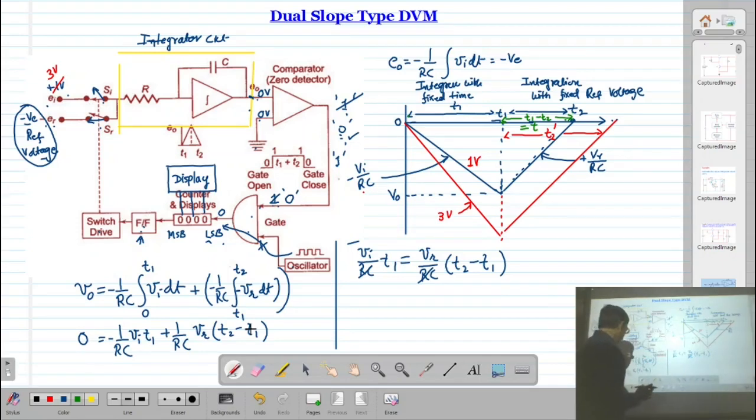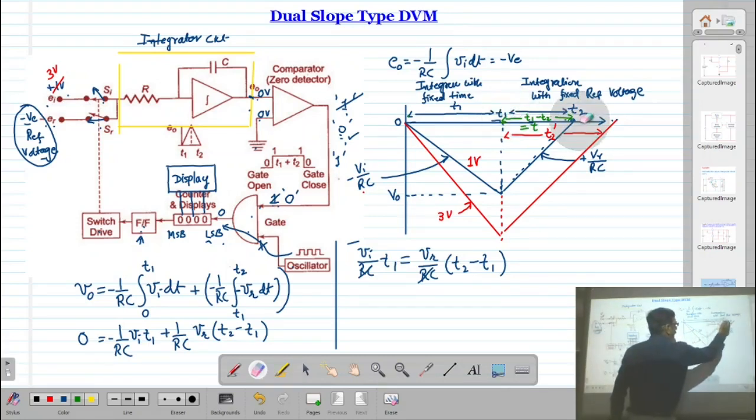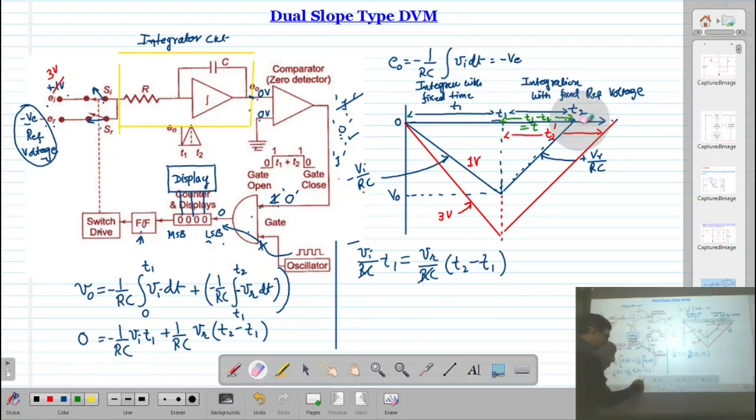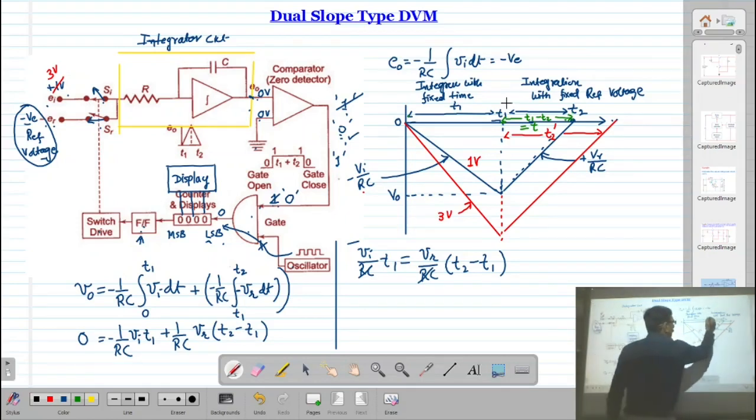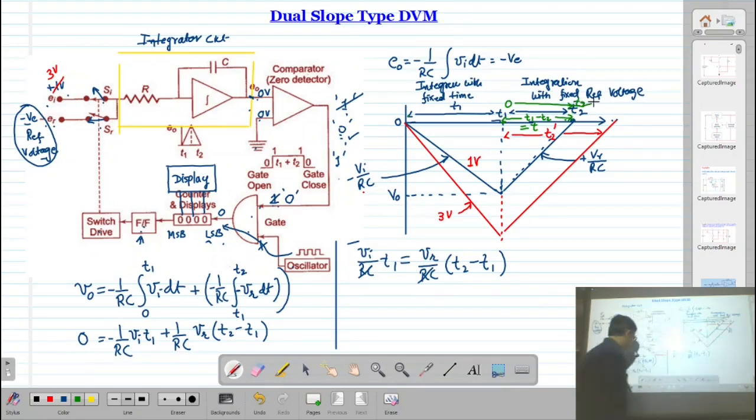But for more clarity, consider that this time period is T2, then this will be equal to T2 minus T1, but the T1 is going to be 0 because we are considering from this point to this point as T2. Otherwise, we can write that T2 minus T1 is equal to a small t.